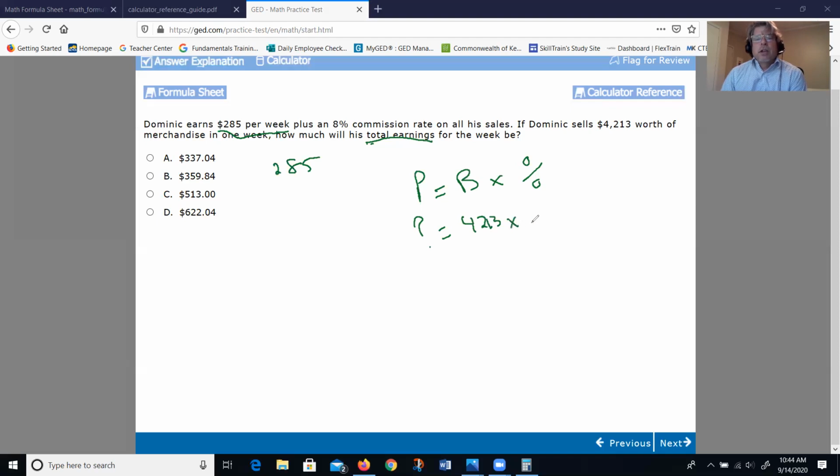And I'm going to multiply it by this 8% or 0.08, because you have to change percents to decimals most of the time. Because 8% really means 8 cents per dollar. That's his rate as a decimal. So he's going to multiply the 4,213 times this 0.08, because he's not going to get the full 4,213. He's only going to get a part of it. So that's the math that we have to do.